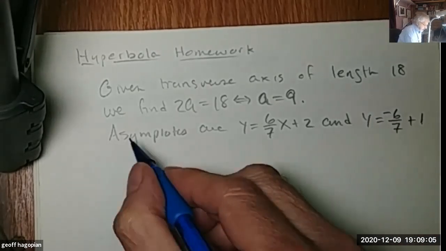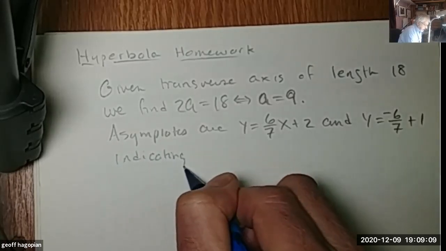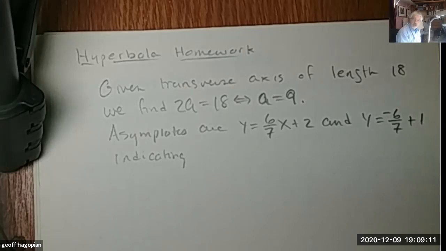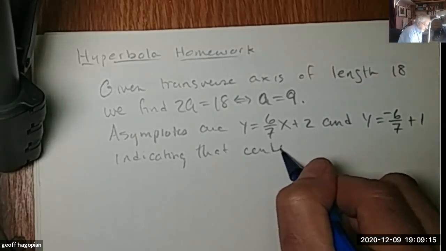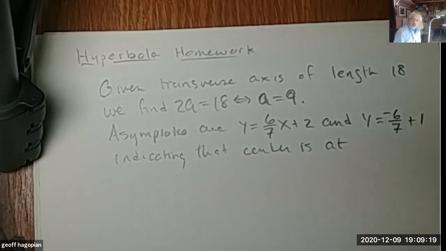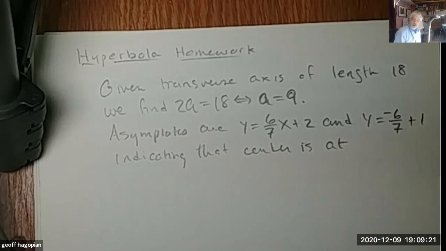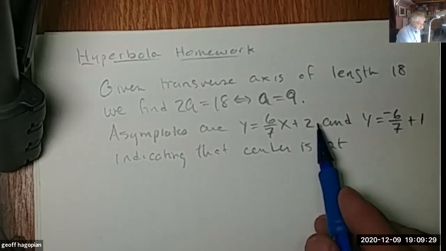Okay, maybe I should say, if I'm going to get a proper narrative going here, where's the center? Well, that's sort of given by these intercepts, right? Is that right?